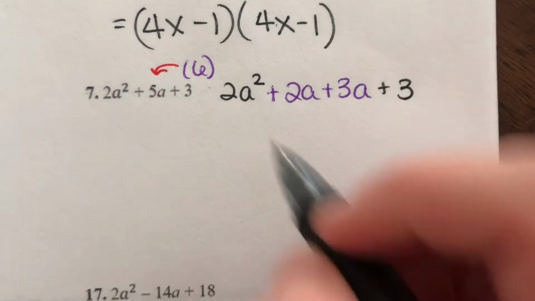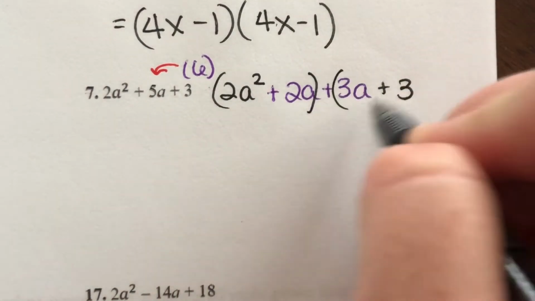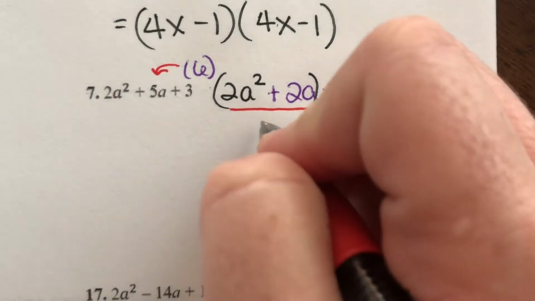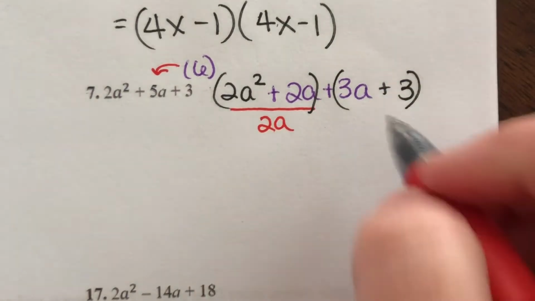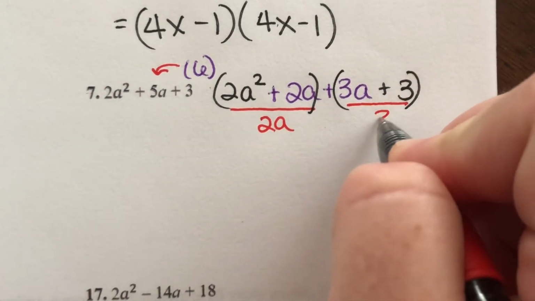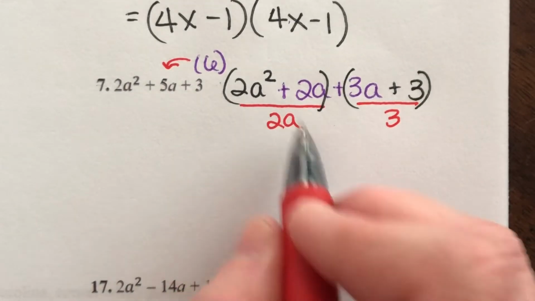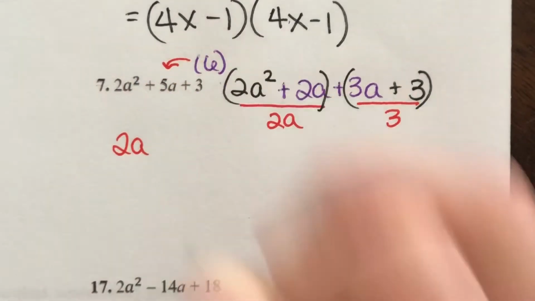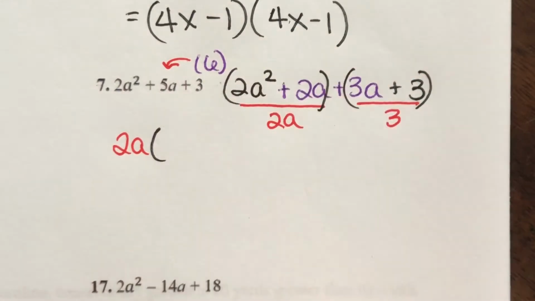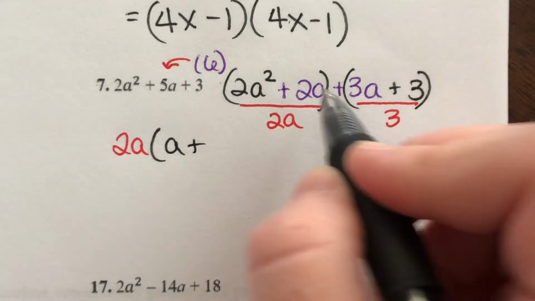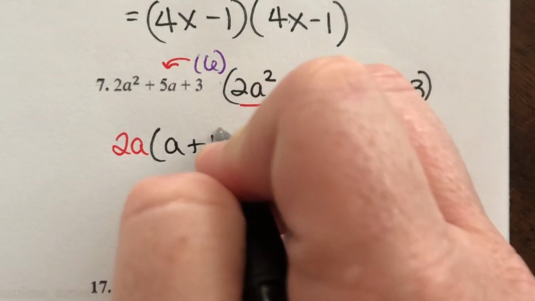Okay, so now I want to group these two. I can divide these terms by 2a, and I can divide these terms by 3. So I'm going to write the number I divided by in front, 2a, and everything left over when I divide in parentheses. 2a squared divided by 2a is a, plus 2a divided by 2a is just 1.